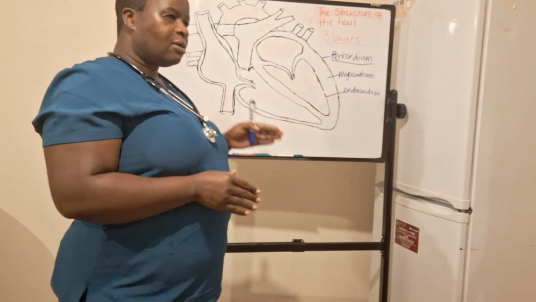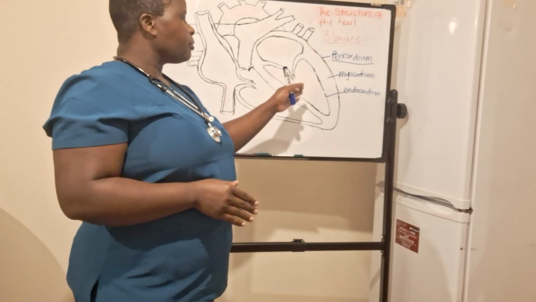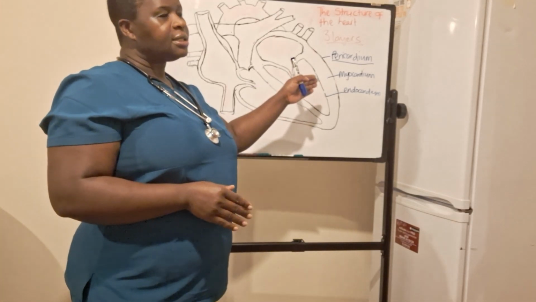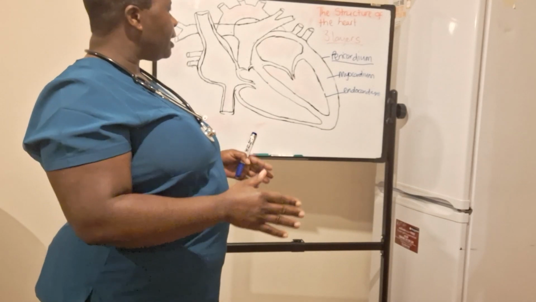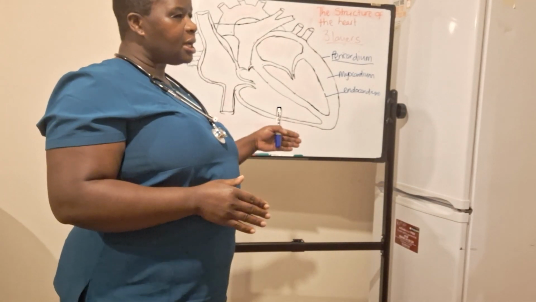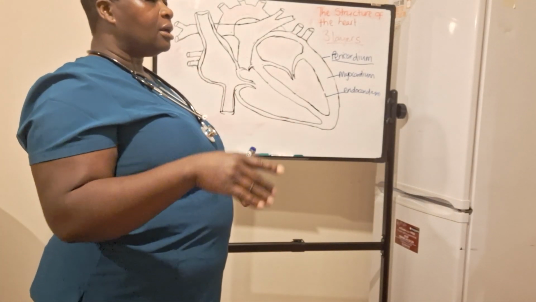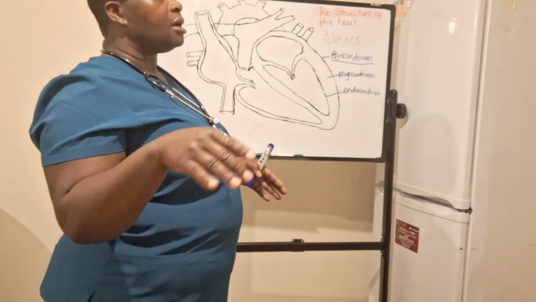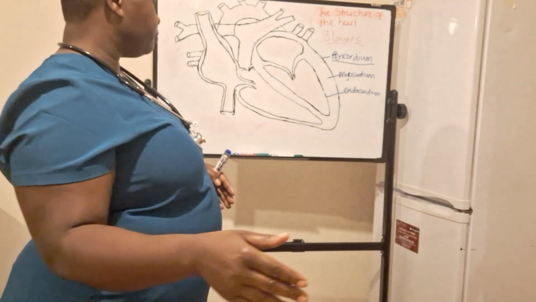The parietal pericardium is fused to the fibrous pericardium, and the inner part of the serous pericardium, which is called the visceral pericardium, encloses and is attached to the myocardium.